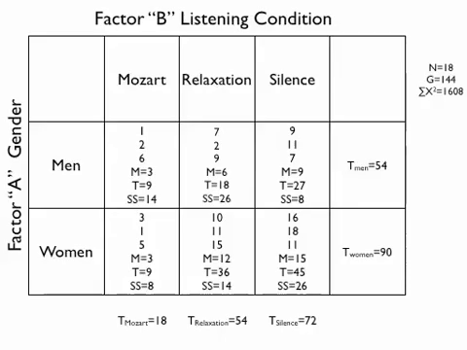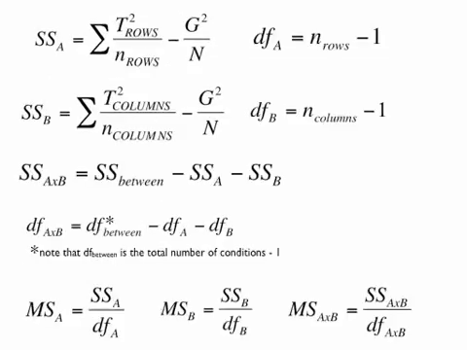If we go back to the data, there's men Mozart, men relaxation, men silence. Women Mozart, women relaxation, women silence. So there's 6 total cells, so we have a degrees of freedom for between treatments, even though gender isn't a treatment, of 5. So it's 6 minus 1 is 5.